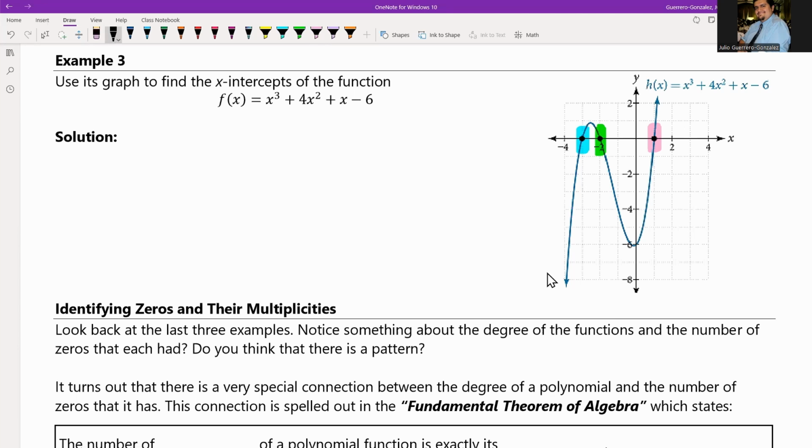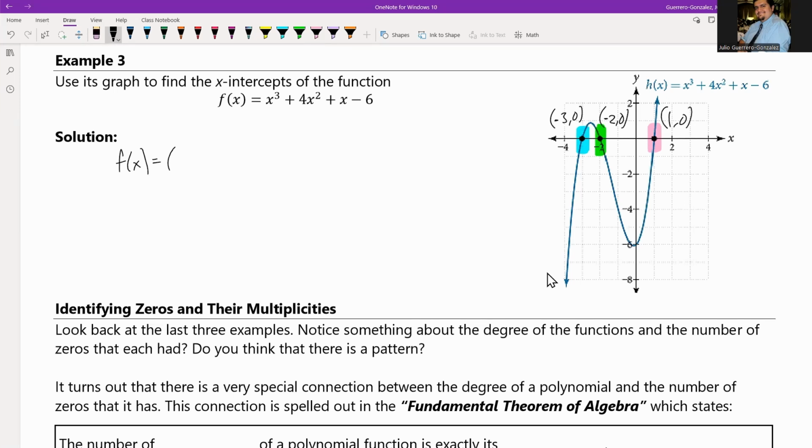So based on what we remember from our previous sections, my f of x, seeing the zeros that we have over here, we should be able to write something out that hopefully looks like that. If you guys see, that's minus 3 comma 0, minus 2 comma 0, and this one over here is 1 comma 0.